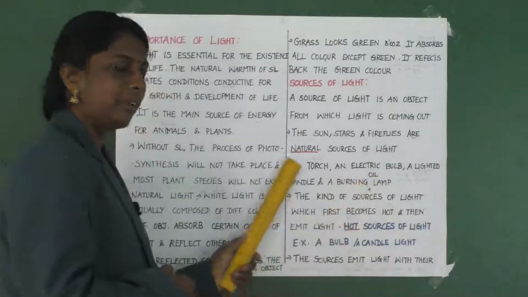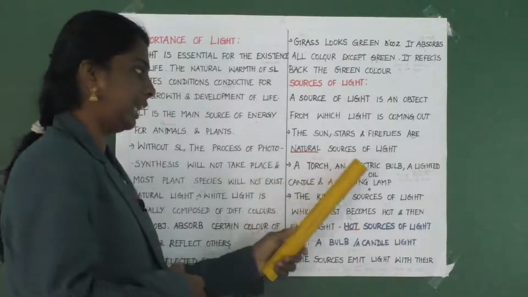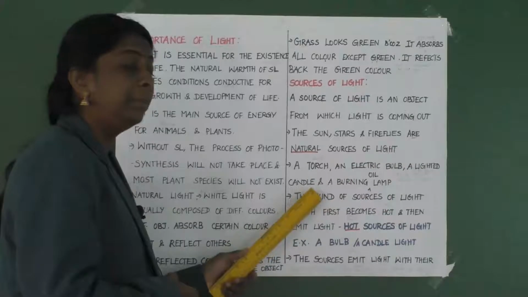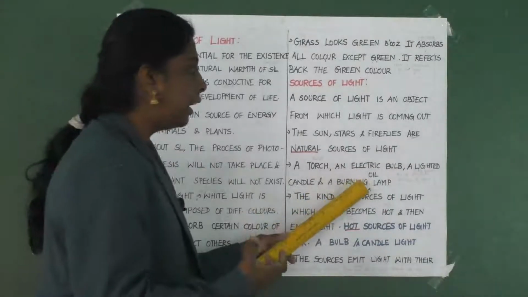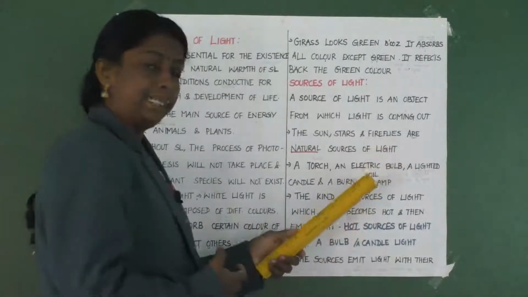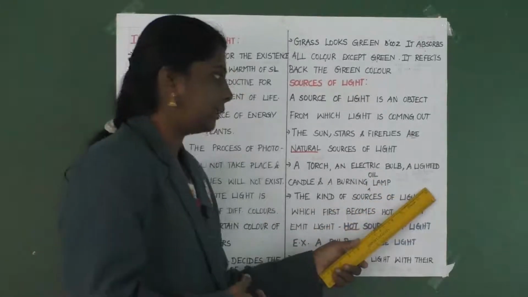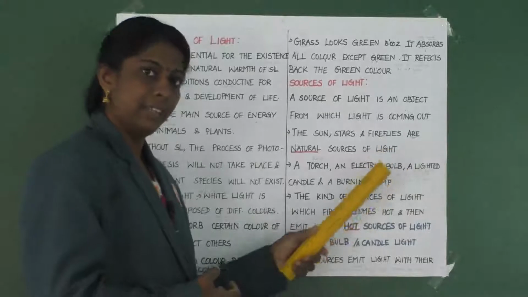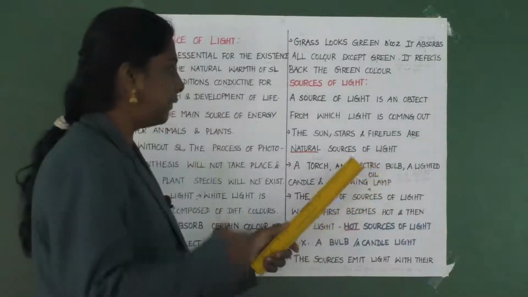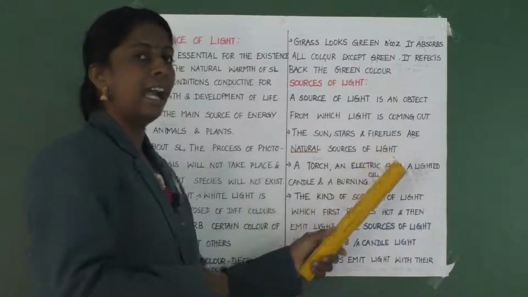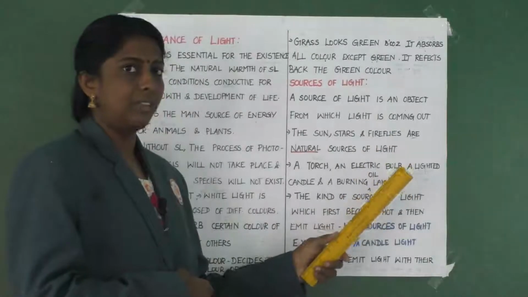All these are, what are these? A torch, an electric bulb, a lighted candle, a burning oil lamp. Everything is an example of an artificial source of light. So two things we have learned: natural sources of light and artificial sources of light.